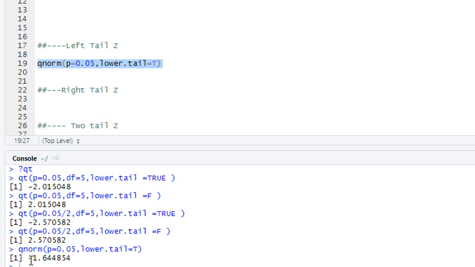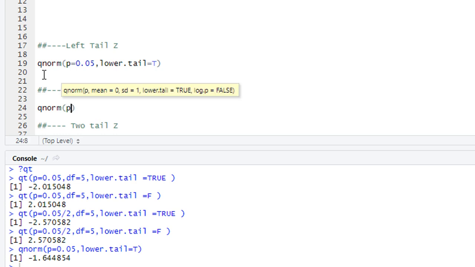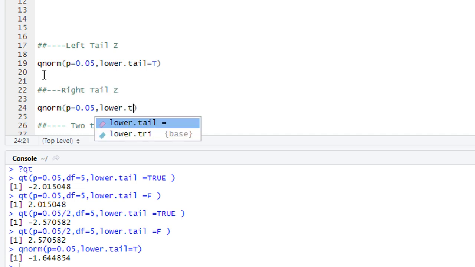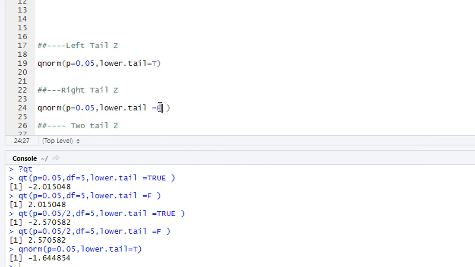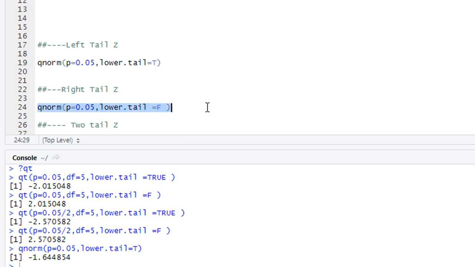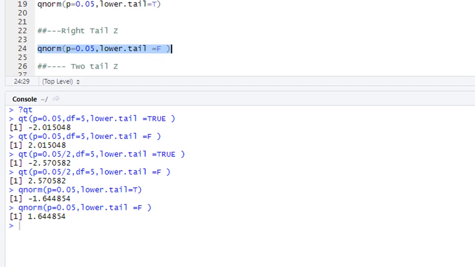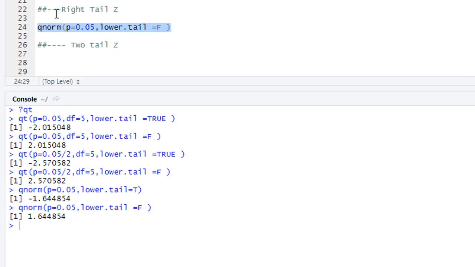Here you can see that it is minus 1.645. Again, I have to show you how you can calculate for the right tail test. lower.tail equals FALSE. The procedure is the same for the T and for the Z test.